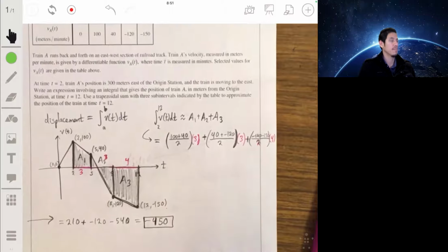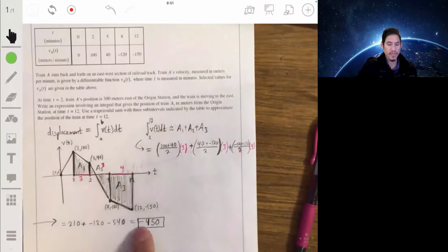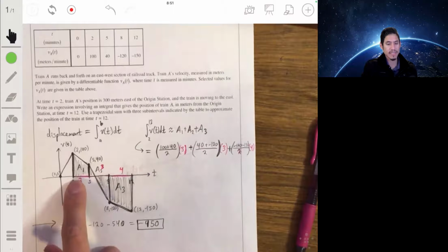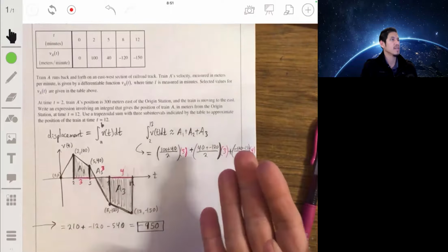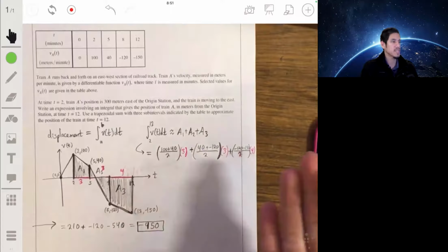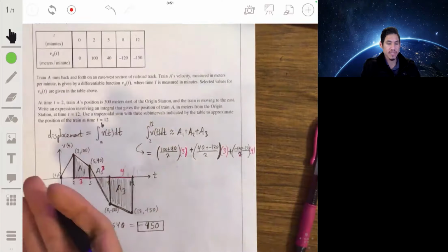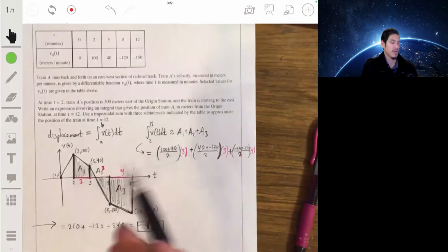Okay, so to reiterate, this negative 450 tells us that from the time t equals 2 to t equals 12, the train shifted position 450 meters in the negative direction, or to the left, or westward, you could say.